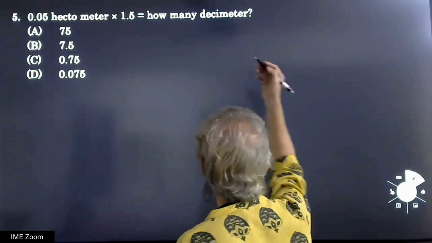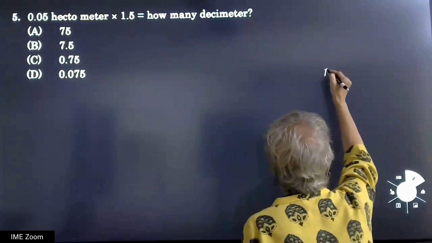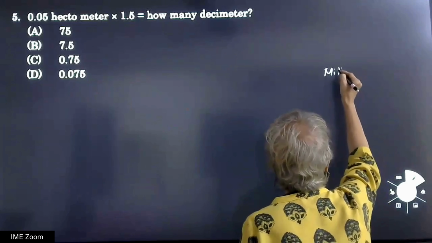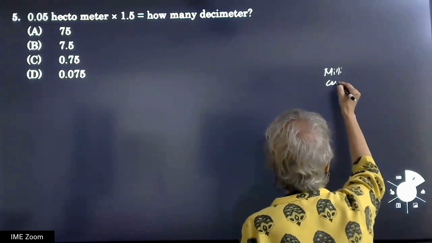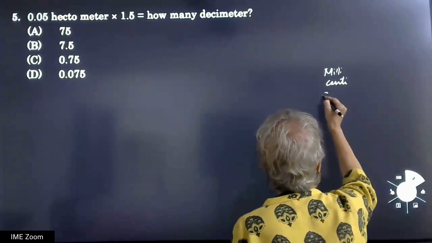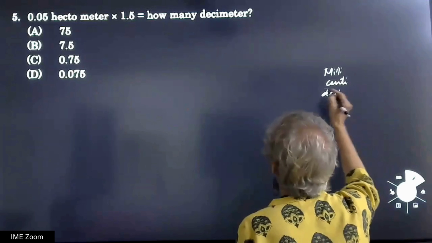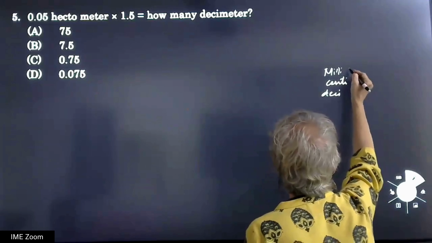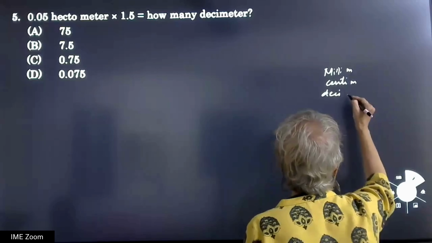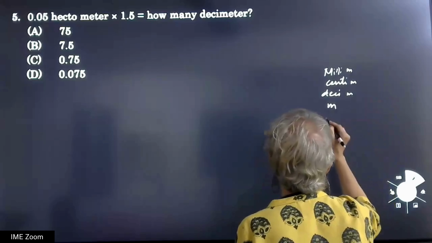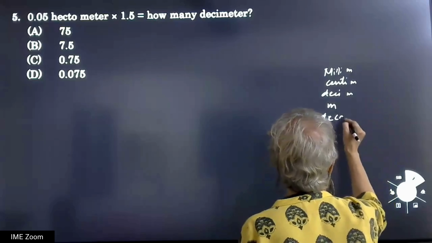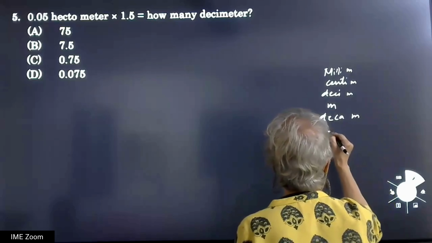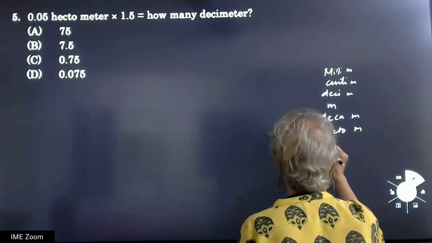Again, hecto to deci. So let us write again milli, centi, deci, because we need decimeters. Deci, yes, decimeters, millimeters, centimeters, decimeters, then meters, then decameters, hectometers, and kilometers.